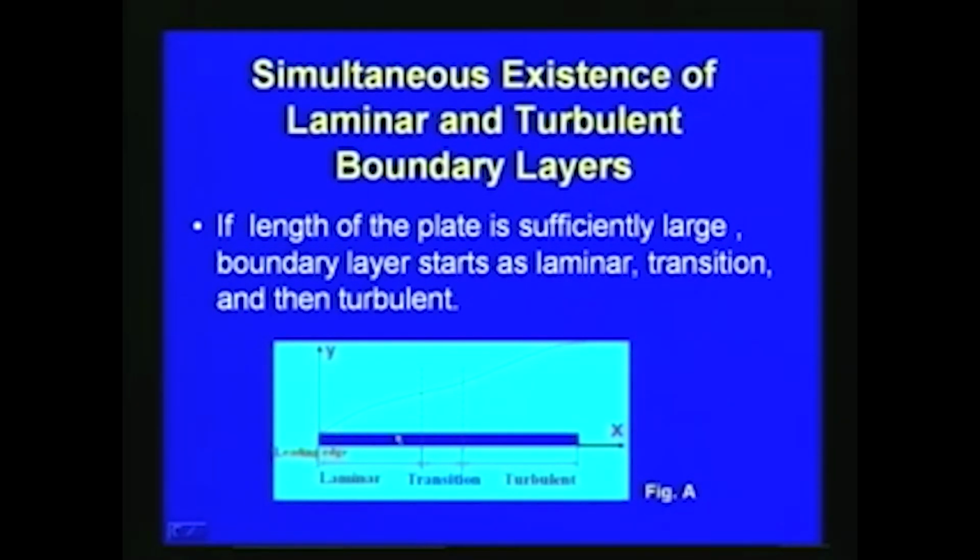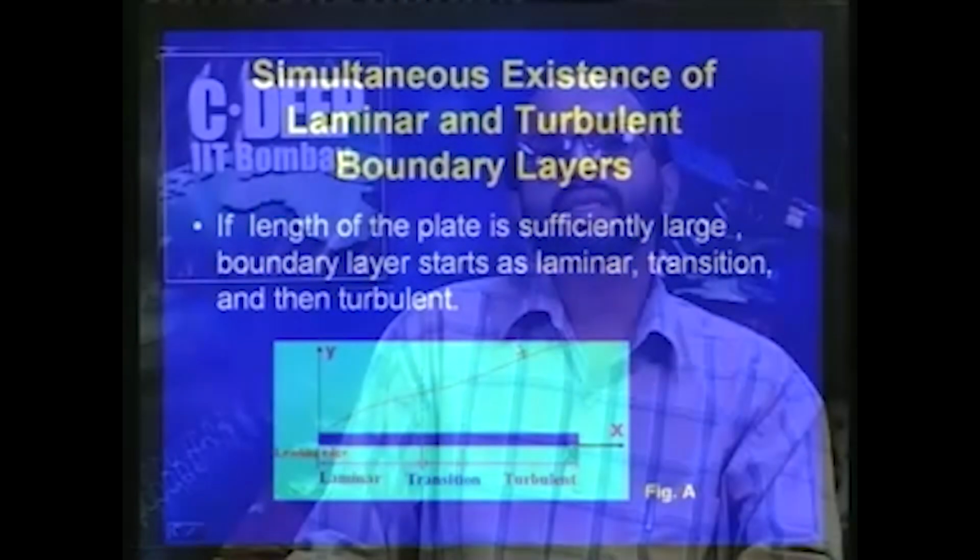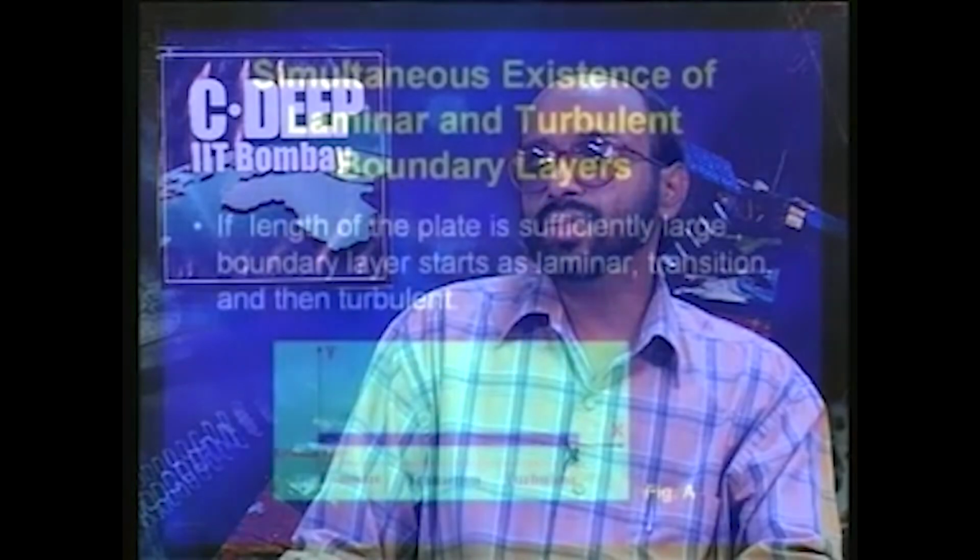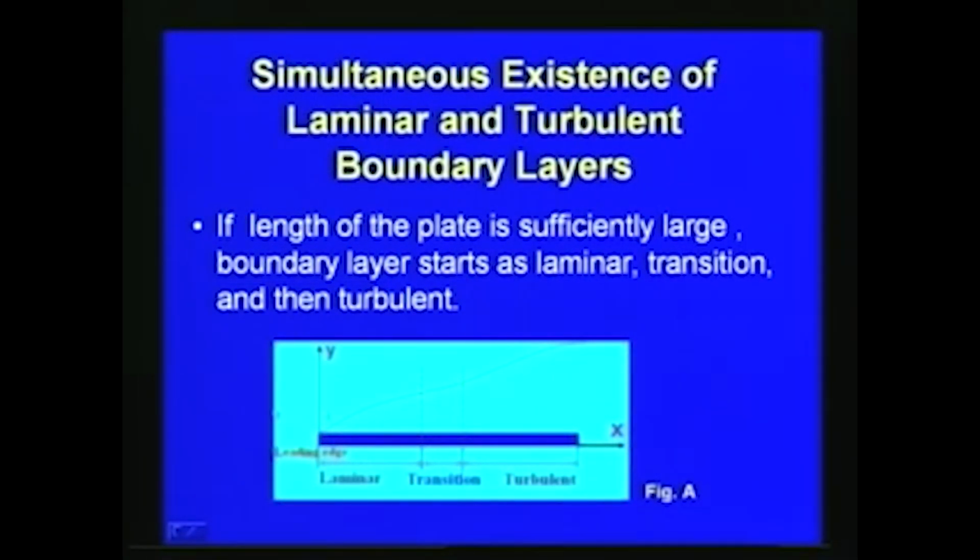Here you can see that we also consider a flat plate, which we have seen in our earlier derivations. The flat plate is placed like this, and the free stream velocity is coming in this direction, and this is the leading edge and here is the trailing edge. Initially, as we have seen, the laminar boundary layer is developed, and then we have the transition and then the turbulence. This is where the transition occurs, and that is where we want to see how to calculate various parameters.